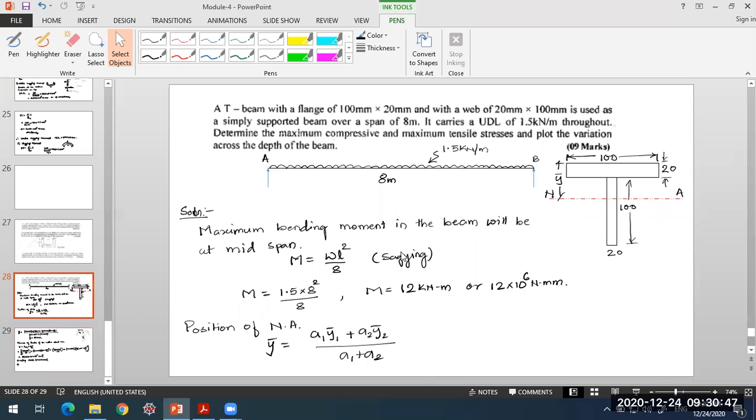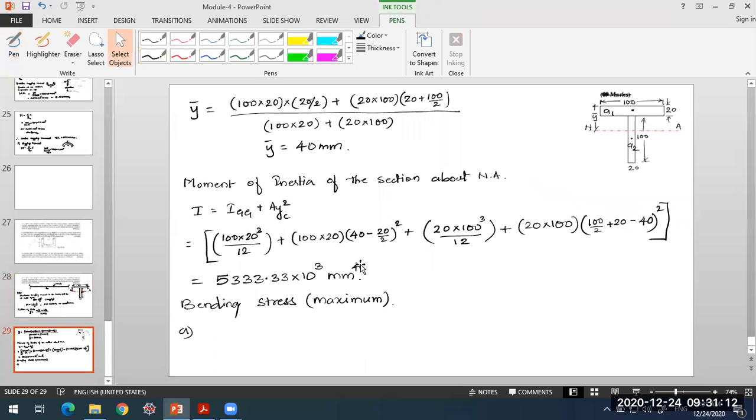So since the beam is under sagging condition, the fibers towards the top flange will be under compression, whereas the fibers towards the bottom of the web will be under tension. So we'll be taking the distance up to the top of the flange and the bottom of the web to determine the maximum compressive and tensile stresses. So first, when I try to determine the maximum bending stresses, in compression, let us do that first.